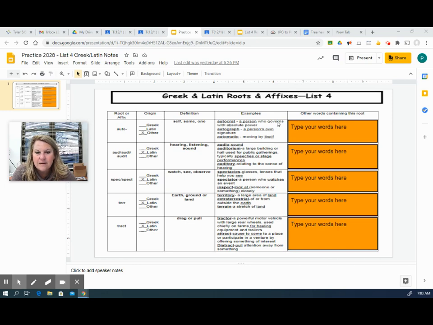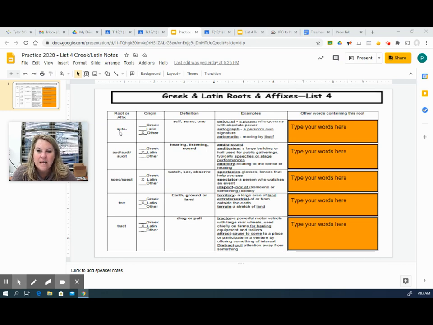We have these example words that demonstrate how we know this root or affix is present. We have the word autocrat, and the definition is a person who governs with absolute power. Well, a person is also self. So we know that autocrat definitely has this root or affix in it.